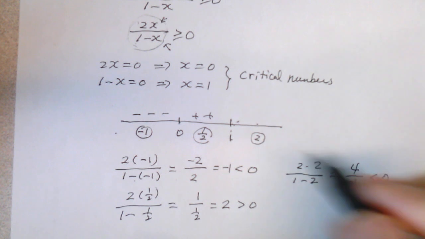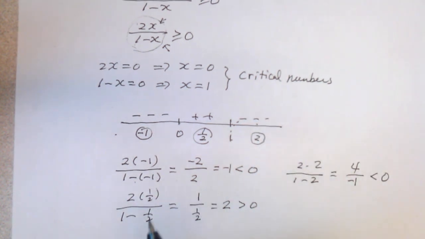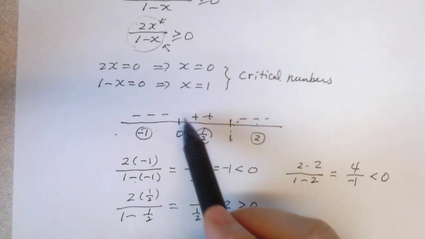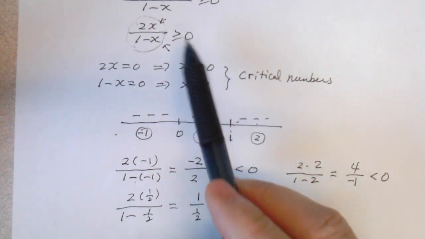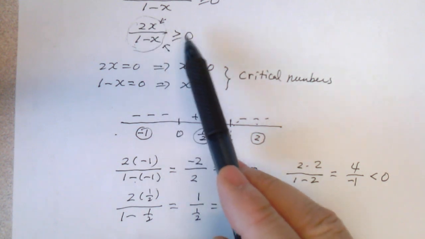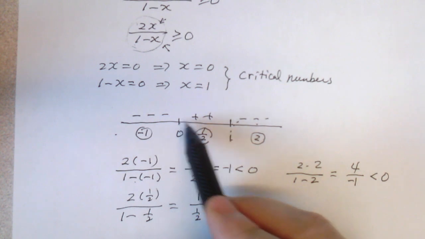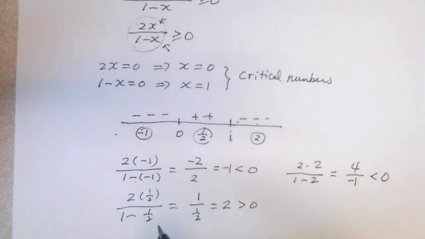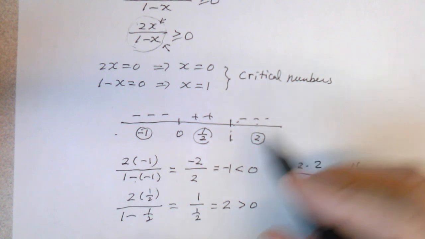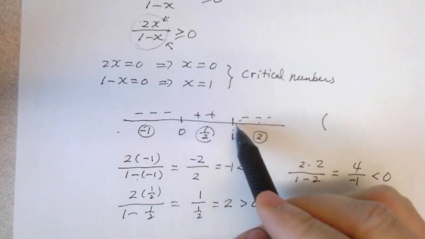So from here, we can tell only the interval between 0 and 1 will make the inequality greater than or equal to 0. So therefore, the solution must be from 0 to 1.